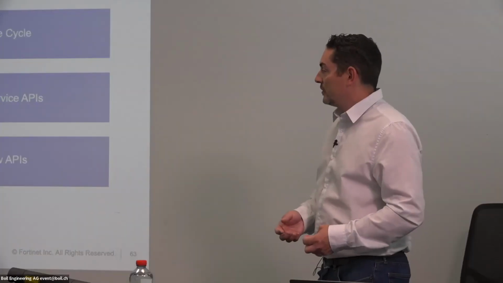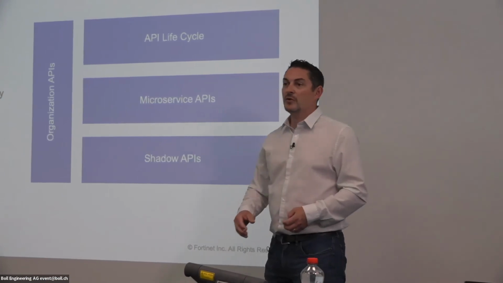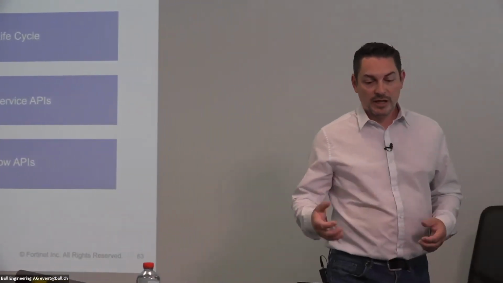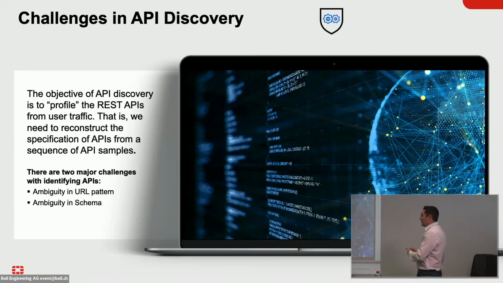We also need to detect shadow APIs. It's important that not all APIs are available to everyone, because sometimes we have shadow APIs which are reserved for developers, for example, and should not be public, because sometimes those requests can deliver a lot of information. So we don't want them to be available. But we have a challenge in this space, as I said, because it's not easy to understand what's really behind, what the ambiguities are, for example, in the patterns and in the schema.